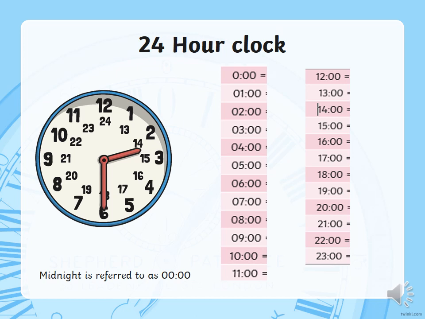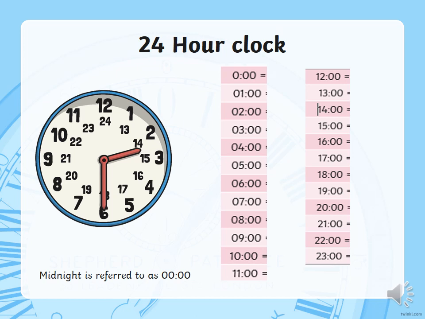And then, as you can also see on the clock in the photo over there, when it comes to 1 o'clock, we refer to that as 1300 hours, and then 1400, and then 1500 hours, and then 1600, and 1700 hours, and then 1800, 1900, 2000, 2100, 2200, and 2300.